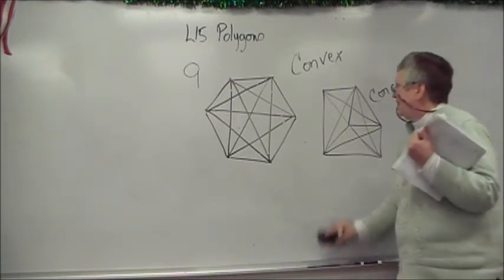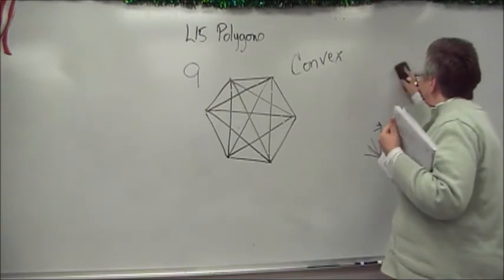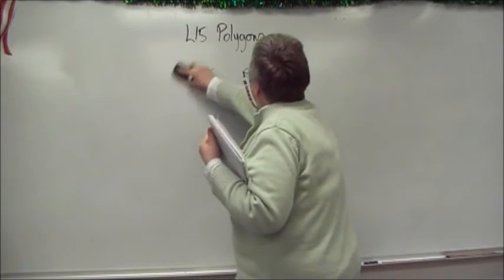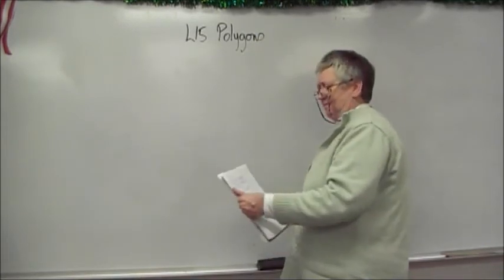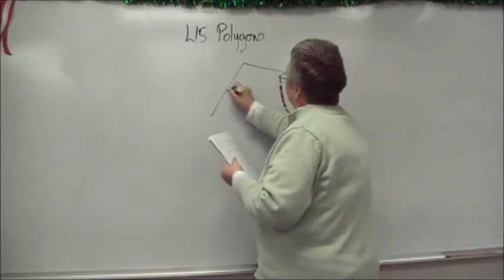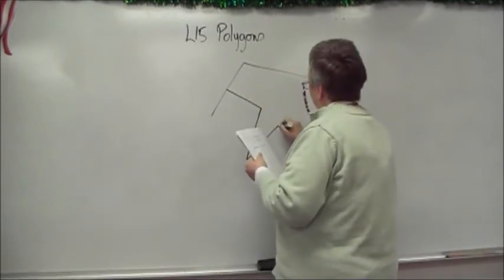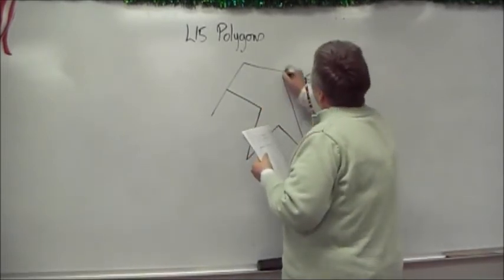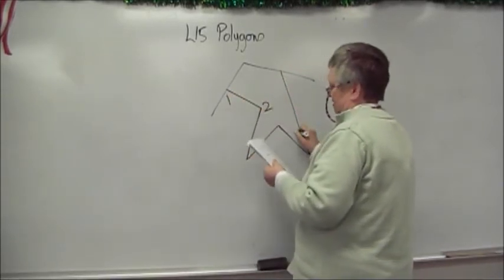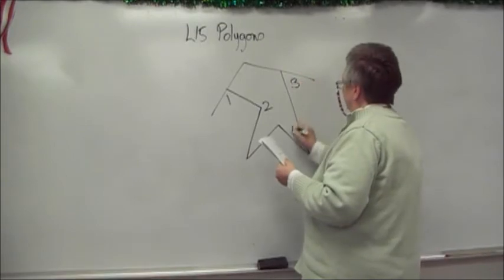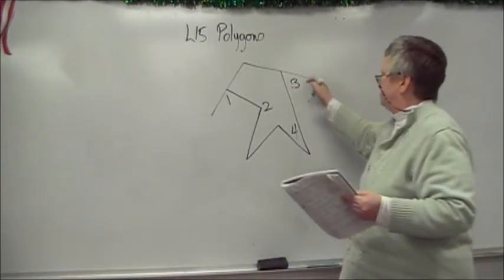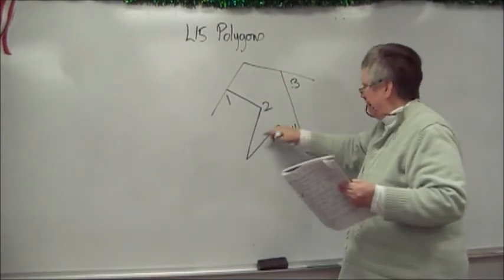Okay. Last type of thing to go over. All right. Okay, I've got angle 1. This one is angle 2. Over here is angle 3 and angle 4. Just by looking at the shape, of course, the shape is this part right here.